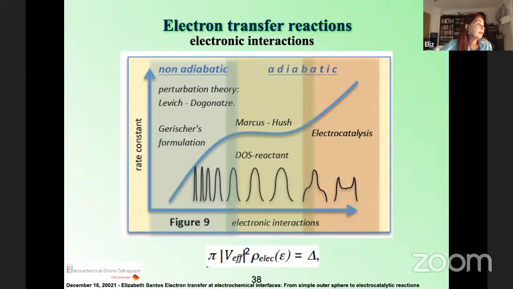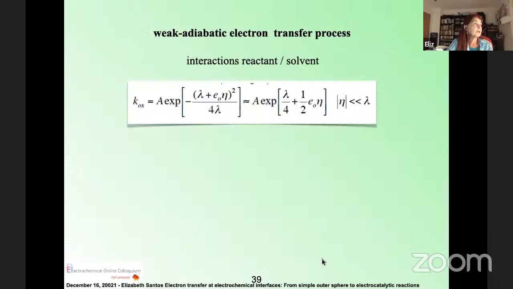Good. We come here again to this plot. In the case of how we obtain these different dependencies, we start with this part, the Marcus region, where the rate constant doesn't depend on it, which means this term must be constant. And then in this weak adiabatic electron transfer process, we obtain an expression for the rate constant like this.